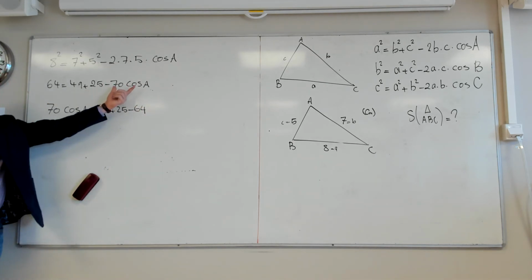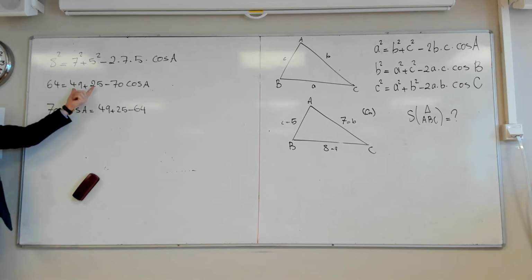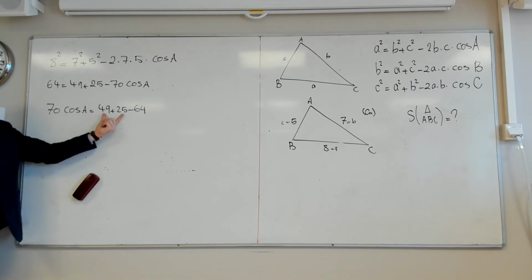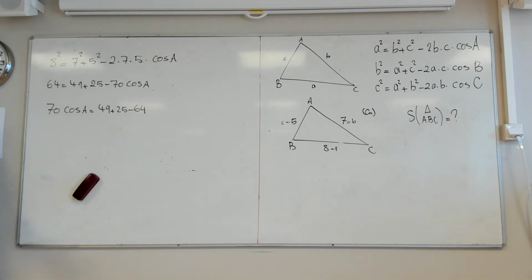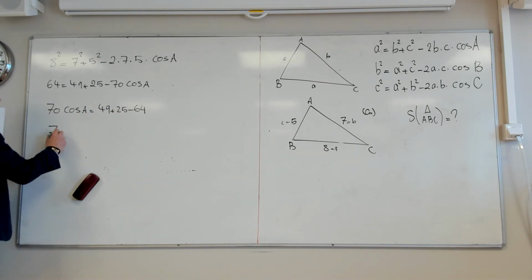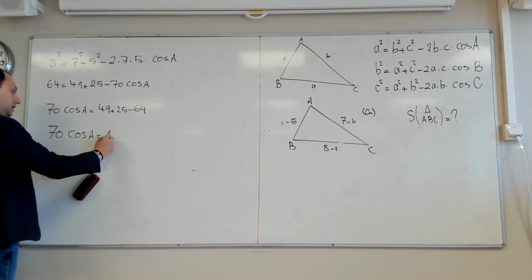So I moved this part to the right, made it positive. I kept these two on the right hand side as they are, but I moved this one to the right and made it negative. And then I calculate. So this becomes 70 cosine A. So how much is that? It's 10, yes?